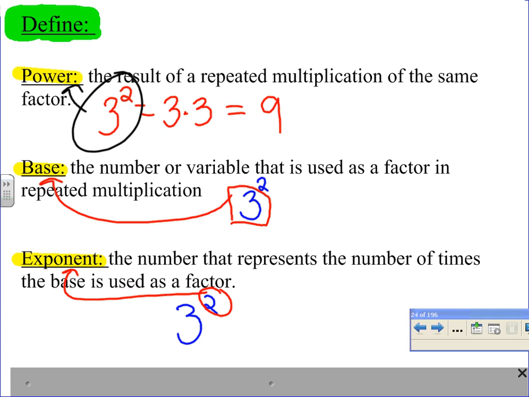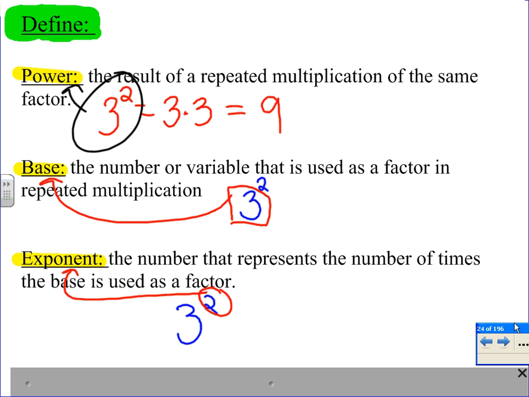Okay, last one is exponent. An exponent is a number that represents the number of times the base is used as a factor. So now I circled this little 2 here. That is the exponent. So it's very important that you know how to label parts of a power.